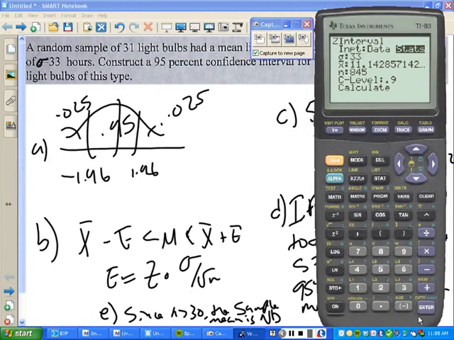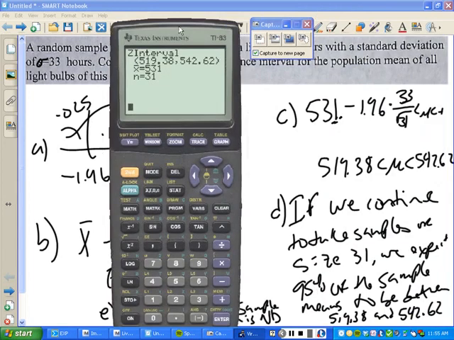X bar was 531. N was 31. And we're doing a 95% confidence interval, yes? What did we say it was? 519.38, 542.62.